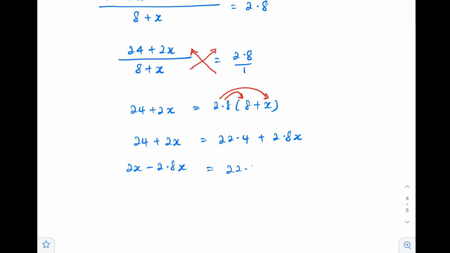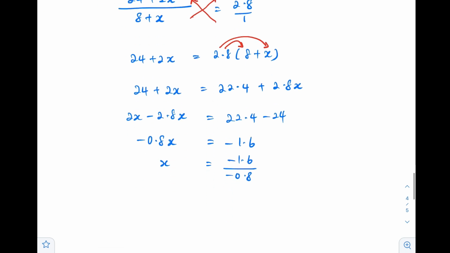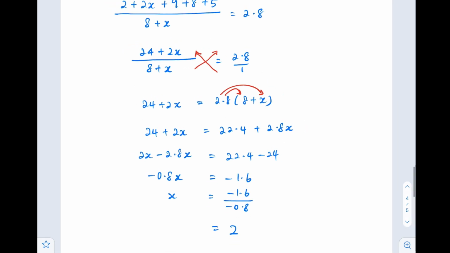And then I also need to subtract 24 on both sides. 2x minus 2.8x is negative 0.8x. 22.4 minus 24 gives me negative 1.6. So what is x? X is negative 1.6 divided by negative 0.8, and this would of course give us the answer of 2. Therefore x is equal to 2.